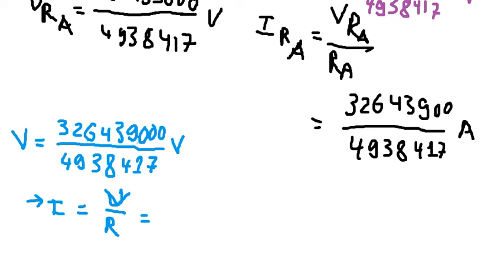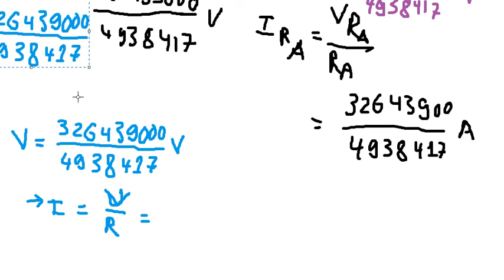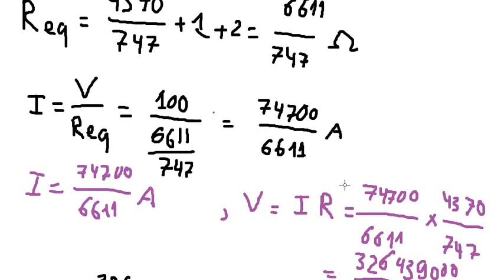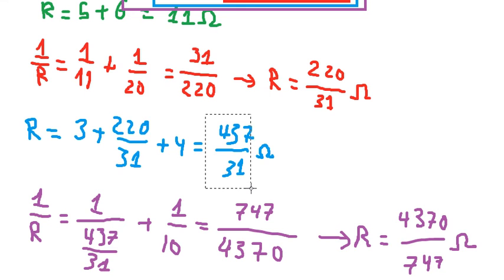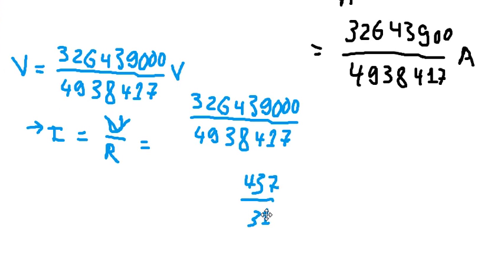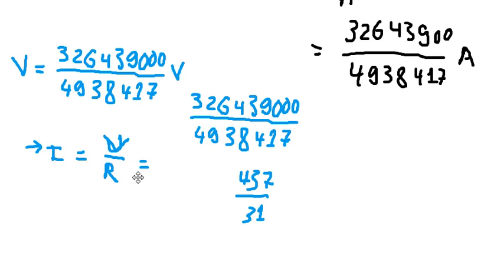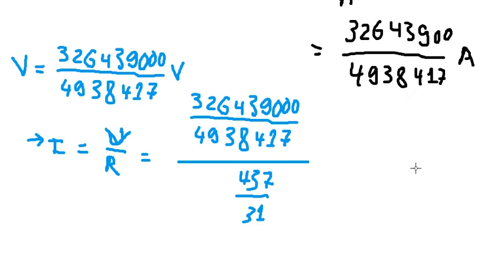So V is this number, and R is this number in here. So we calculate this one, and we have the current of the blue.